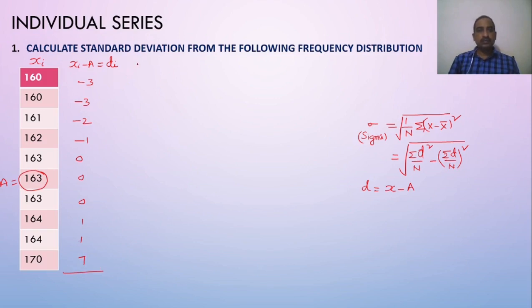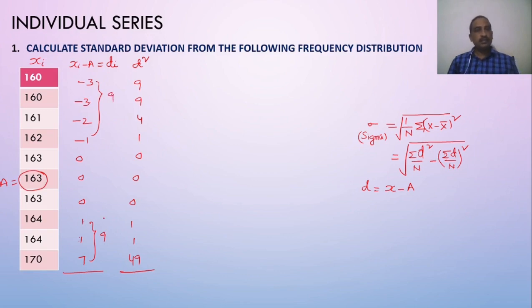Next you have to find d square also: 9, 9, 4, 1, 0, 0, 0, 1, 1, 49. Now take the summation. The positive values total is 9. The negative values total is 3 plus 3 is 6, 6 plus 2 is 8, 8 plus 1 is 9.